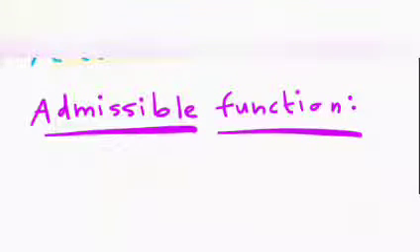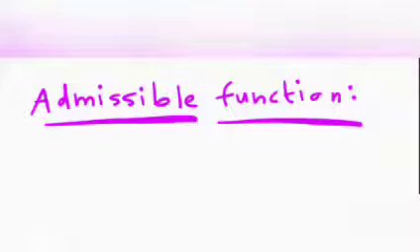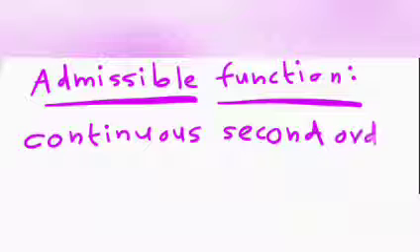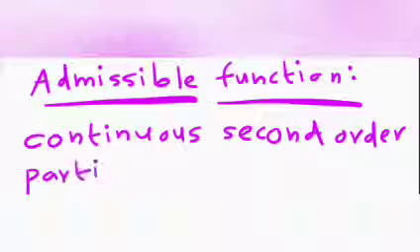Now the next term that we have to define is admissible functions. Here, when I said a function between x1, y1 and x2, y2, I didn't mention whether it has to be continuous, differentiable, or smooth or something like that. In COV, we are only considering those curves between 2 points that have continuous second order partial derivatives.